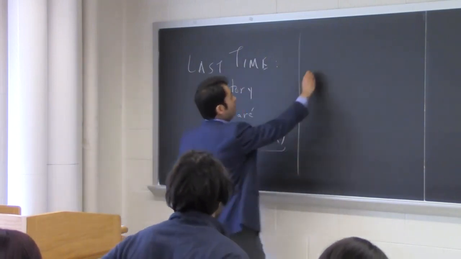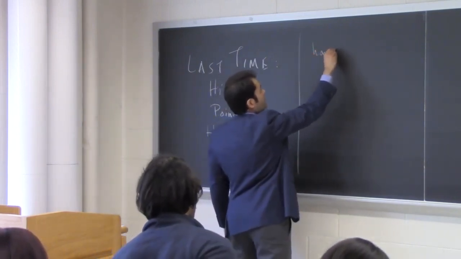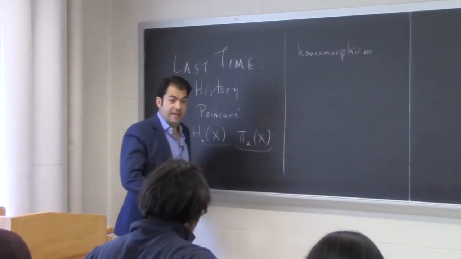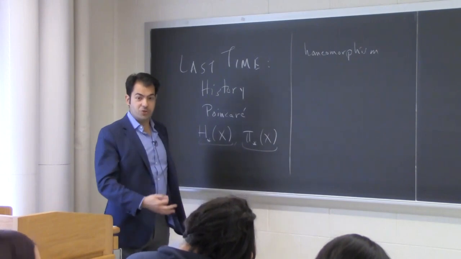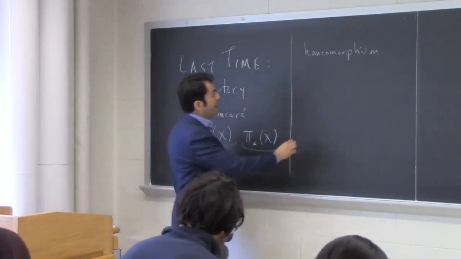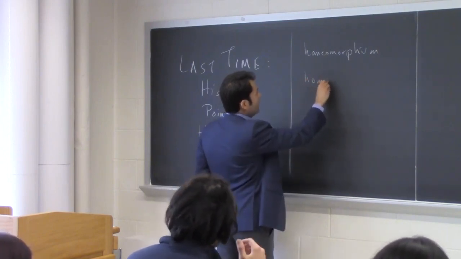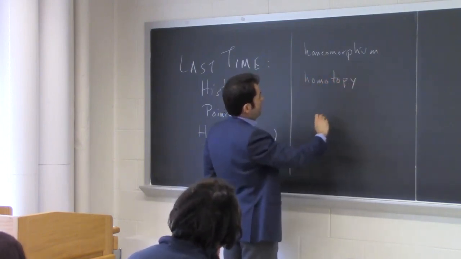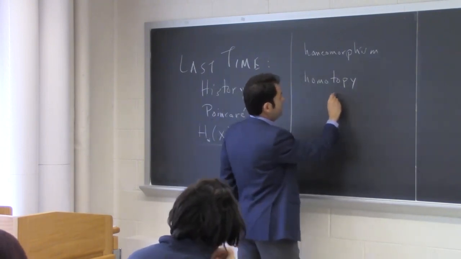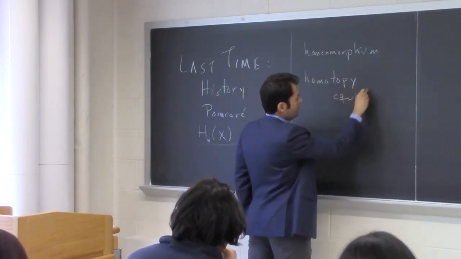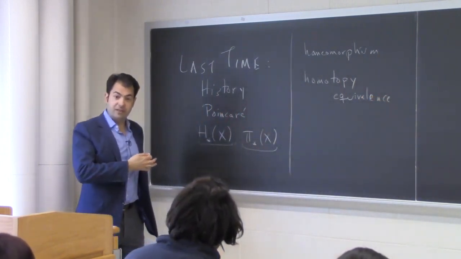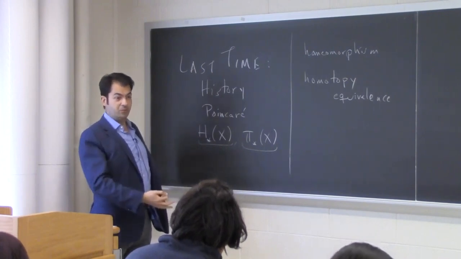Then we started talking about homeomorphisms as being the actual topic that topology should be studying, classify spaces up to homeomorphism. And what we actually have tools for in this class is to try to classify spaces up to homotopy equivalence. So a homotopy, we saw, is a continuous family of continuous maps.